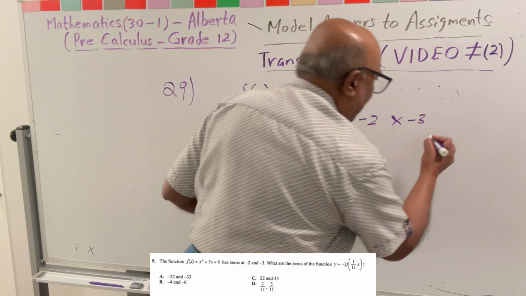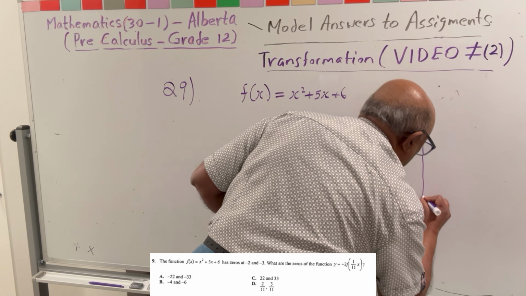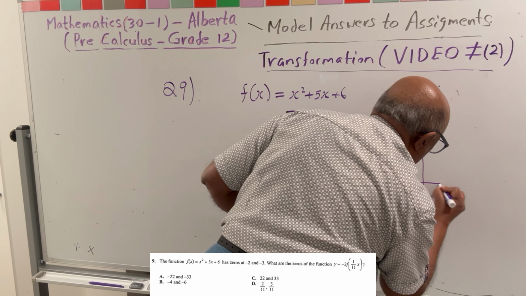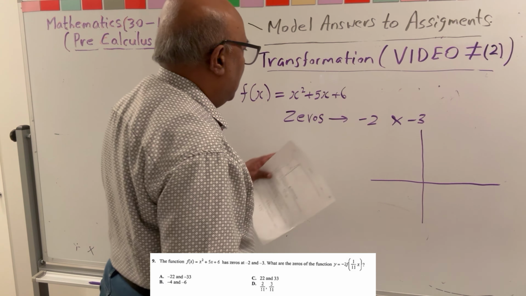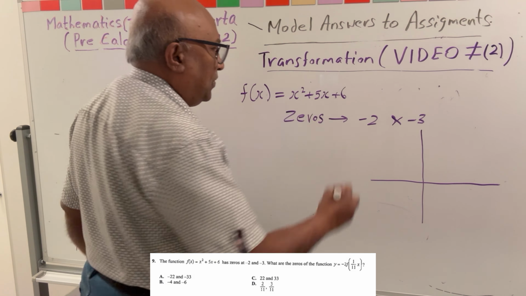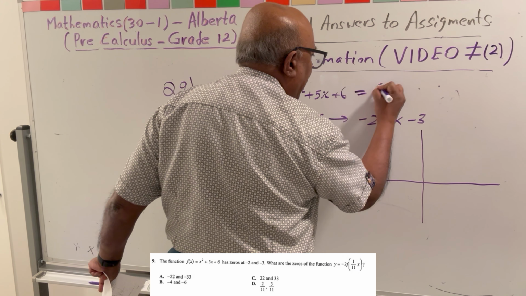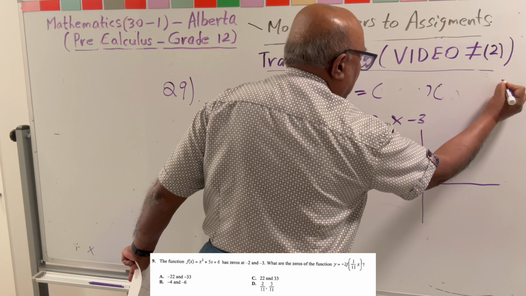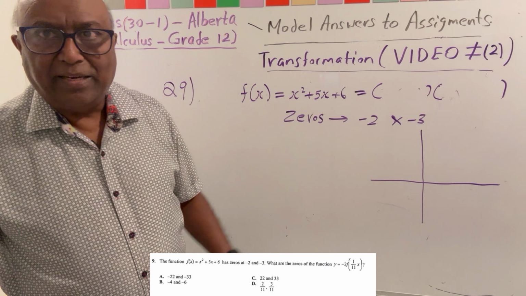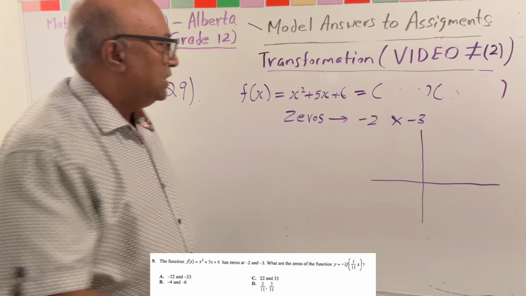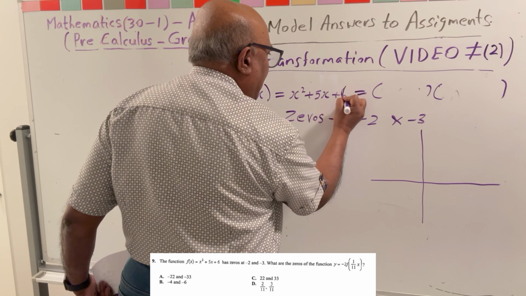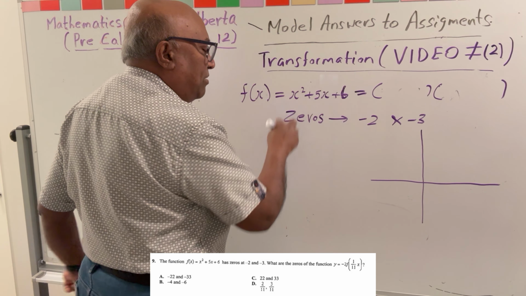Just for explanation purposes, I can explain this further. Let's sketch this graph. In order to sketch this, you can factor this easily. I think a grade 12 student can do this easily. These are factorable. AC equals 6.